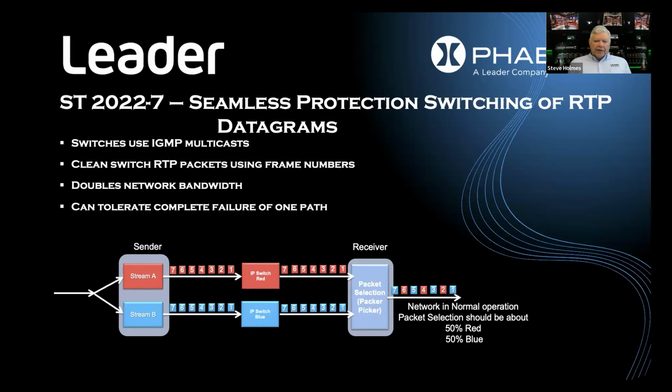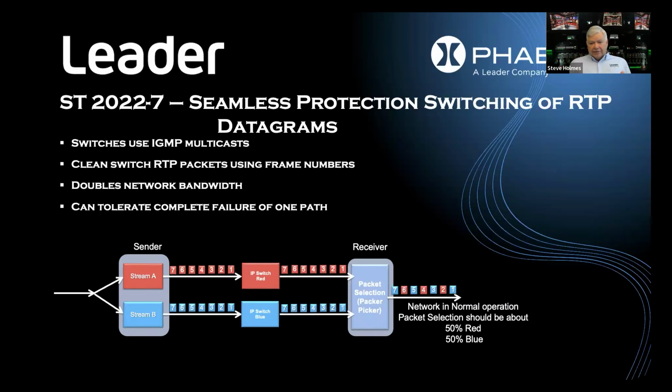The blue network is not a backup network. They're both exactly the same networks. And as Kevin said, it's the first packet that comes in, and we're getting down to microsecond timing here, or even finer, that comes into the front door of that packet picker. And that's the packet that's going to go out the door.